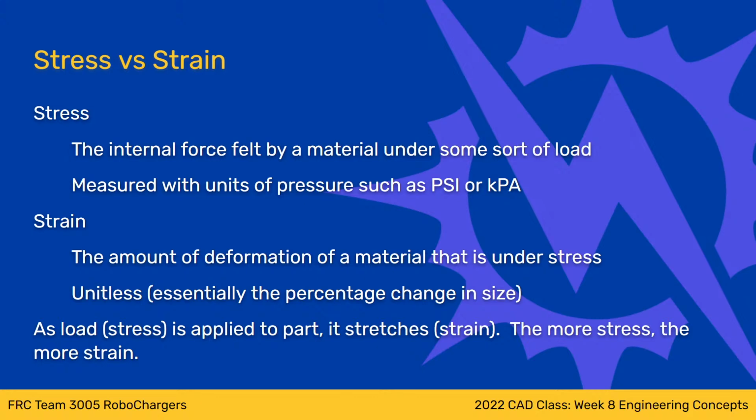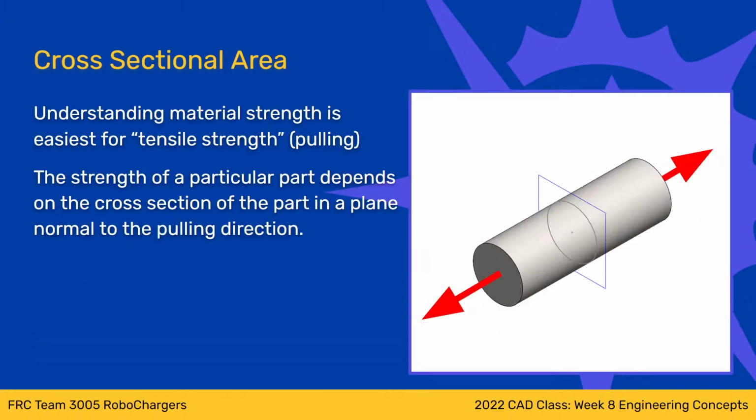And so strain is essentially just a relative measure of how much that material moves, generally speaking, in the axis that you're talking about in terms of your stress. Once again, when we're talking about pulling apart, the part is being pulled in one particular direction. And so we're talking about the stress in that direction, and we're also talking about the strain in that direction.